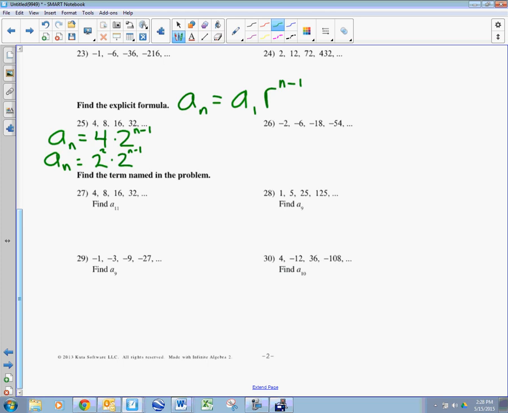So what do you do to exponents when you're multiplying? And what is n minus 1 plus 2? So these are actually the same answers. A sub n is 2 to the n plus 1, or a sub n is equal to 4 times 2 to the n minus 1. I would accept either or. Most people are just writing the first one. It doesn't really matter. You do the next one. Go.